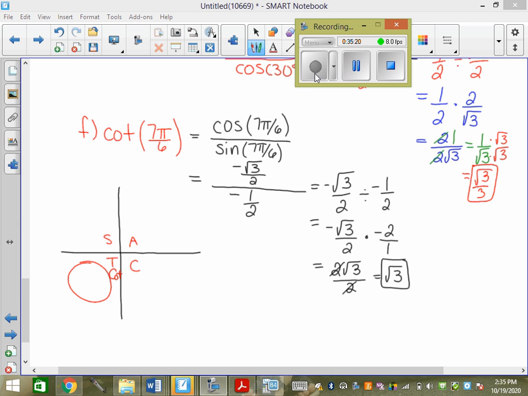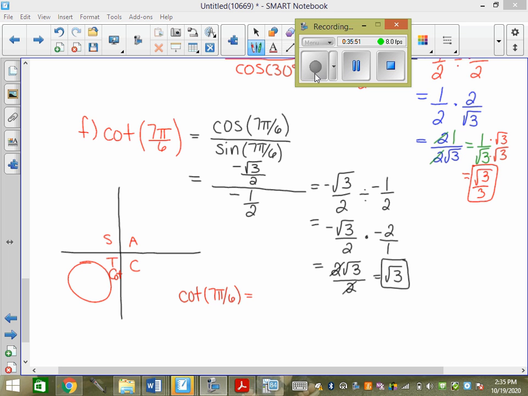Okay? How could I check it? Well, remember I can't type in cotan, so I have to go to my formula sheet. And cotan of 7 pi over 6, I could type in as cos of this over sine of this, right? That would work. So cos of 7 pi over 6 over sine of 7 pi over 6.